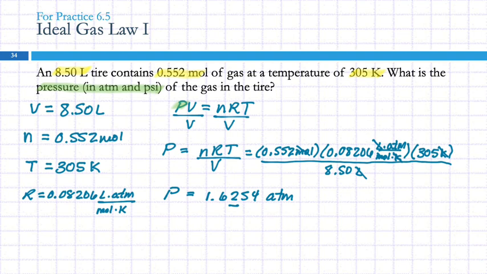Good question. So they also want the answer in PSI, and so then we would need to convert from atmospheres to PSI. And again, pressure unit conversions are always just a single step. So we would go to our pressure unit table, and we would see that 14.7 PSI is equal to 1 atmosphere.